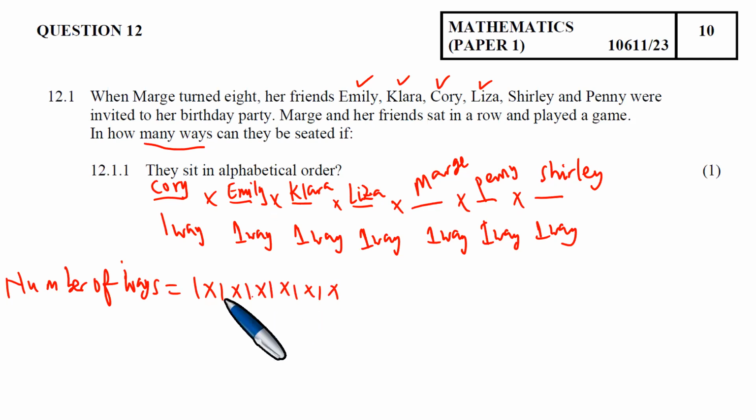How many did we have here? 1, 2, 3, 4, 5, 6, 7. I need to remove 1. Okay, so we write back. So these are exactly one way.